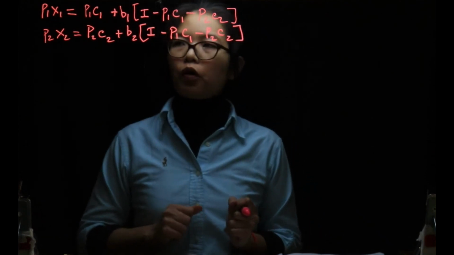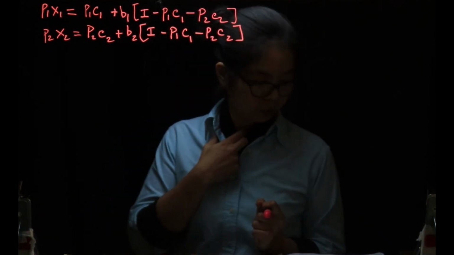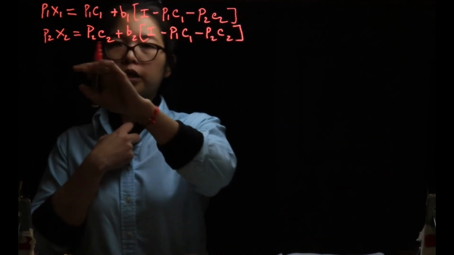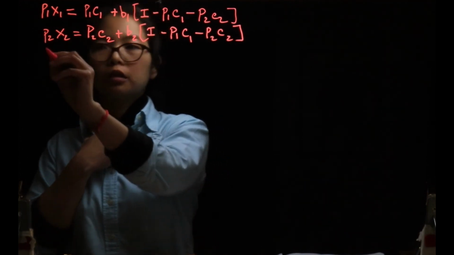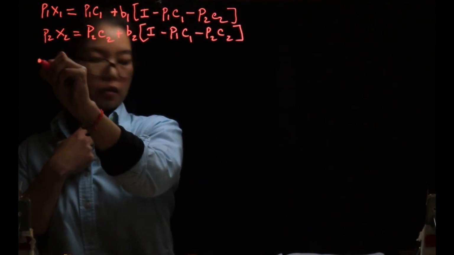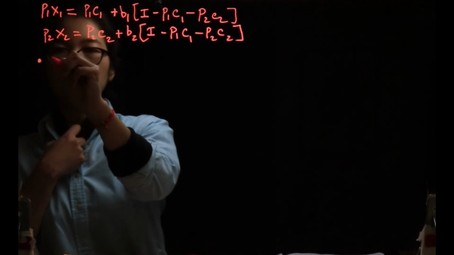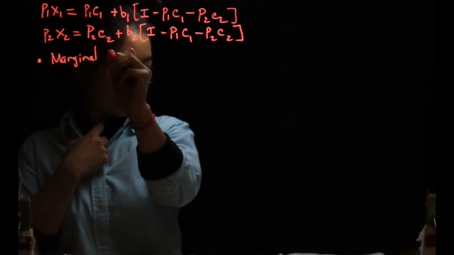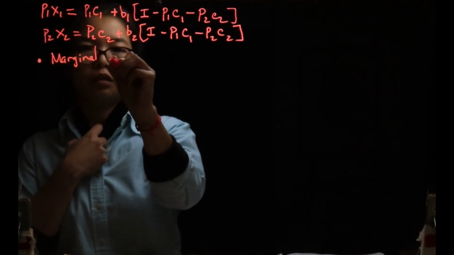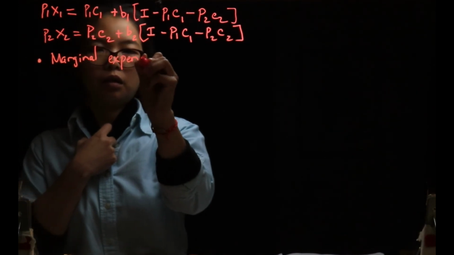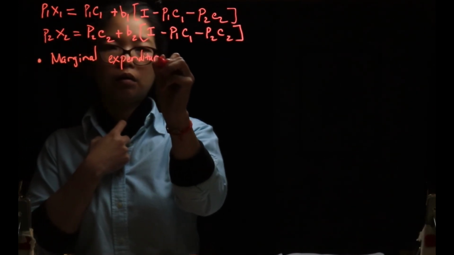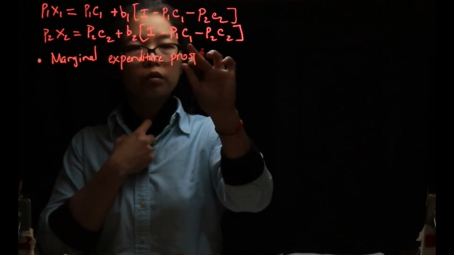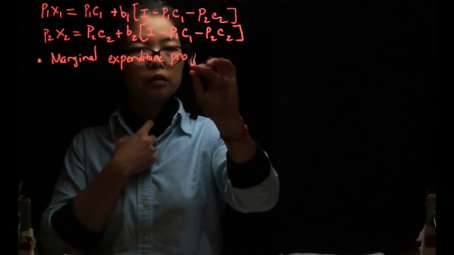Okay, two more things on slide 24 with the expenditure for product in the linear expenditure system. So the first thing is called the marginal expenditure propensity. No S over here, propensity.